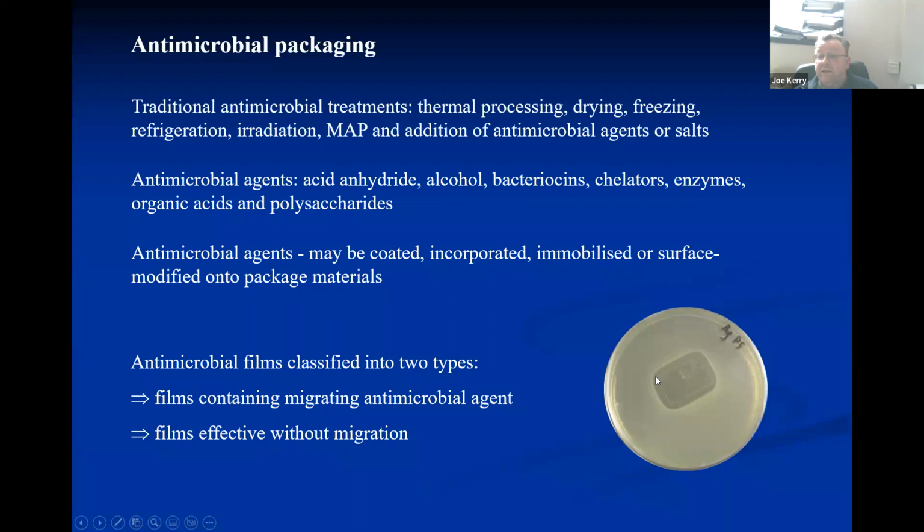What you see here is a picture from our own lab of a packaging material that's been coated with an antimicrobial. This one is mobile, and you can see that the coating on the packaging has not only killed off the bacteria under it, but even around it. This is the same approach used for screening for antibiotics, for example.